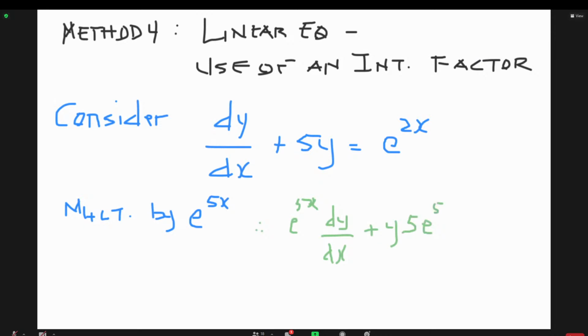Okay, that's just here, all right? I just put the y in front of the 5. But I could have simply written 5y e to the 5x. All right, and this is equal to e to the 2x times e to the 5x.